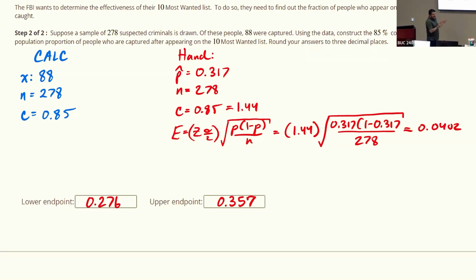How confident? 85% confident that our true proportion is in between those numbers. Are we exact? Do we know for sure? No. But we have an 85% confidence interval that we can think it's going to be in between there. That's what we're looking for.